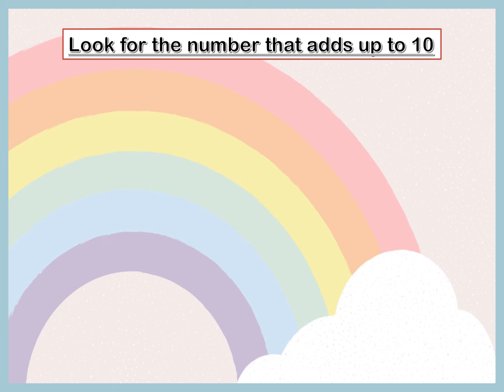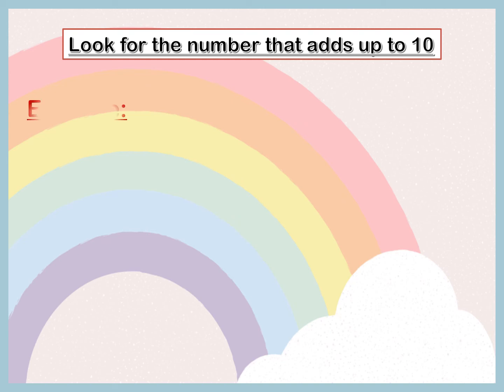I'm going to give you an example. 5 and 5. On your left hand, you have 5 fingers. And on your right hand, you have 5 fingers. How many fingers do you have altogether? It's 10, right? 5 plus 5 equals 10.